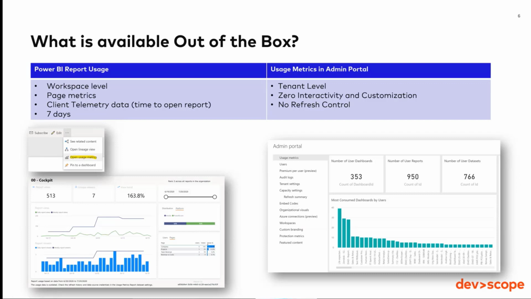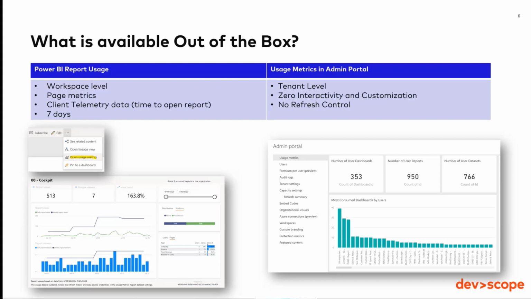Then, at an admin level, you actually have a monitoring solution. So if you are a Power BI admin, you can go to this usage metrics on the admin portal, and this will give you some counters. It will give you the activity by end users, but you don't have any kind of interactivity, and you don't have any way to control the refresh of this data.